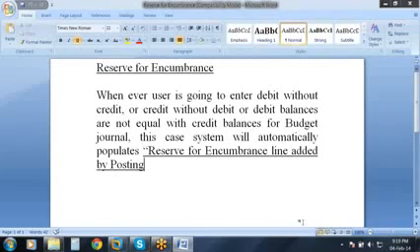Yes. Then what is the difference between both of them? I mean, suspense account and reserve for encumbrance. You need to tell me. I haven't heard about this thing, so it sounds the same to me.